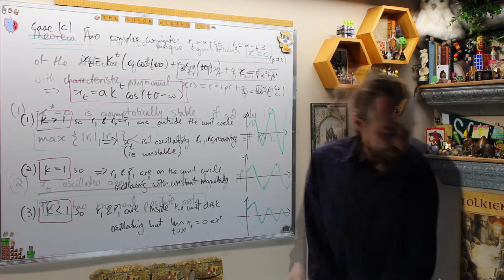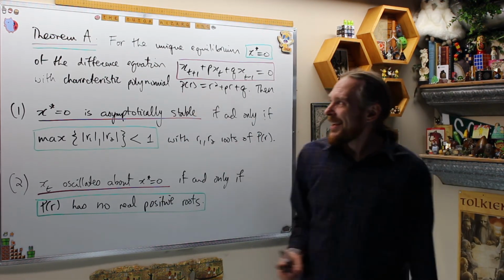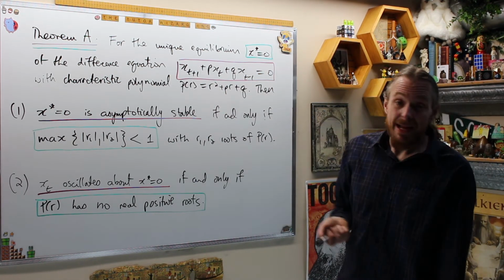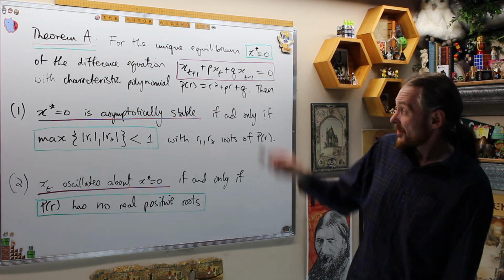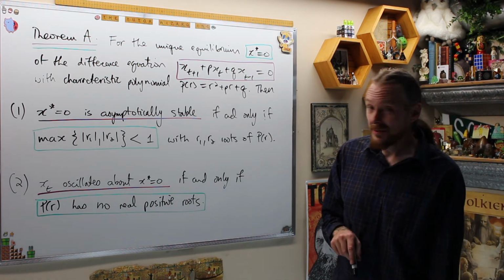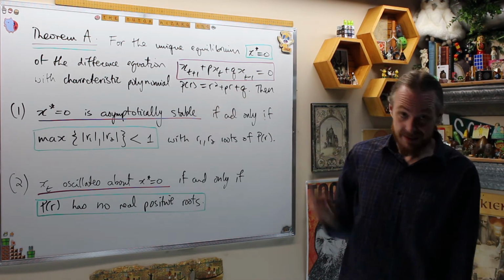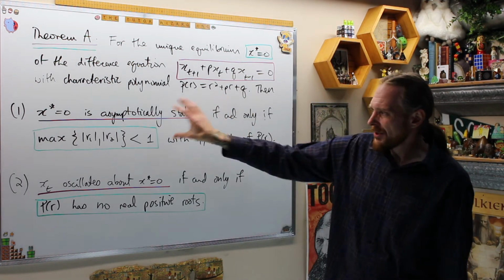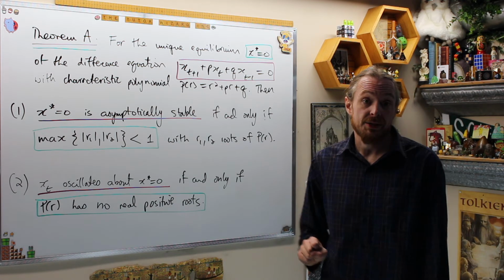Let's state the theorem. Theorem A. If we have the unique equilibrium x star equals 0 for the difference equation, which is homogeneous second order constant coefficient, and we already know explicitly that this is the characteristic polynomial, what we're saying here is two conditions. This is the one you want mostly, but this is the oscillatory condition.